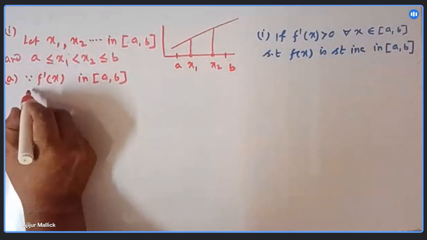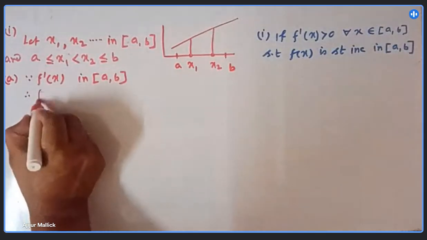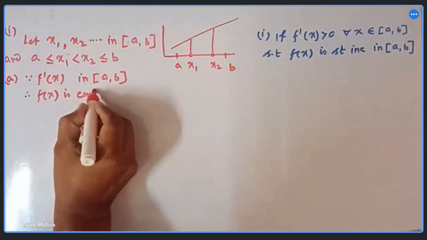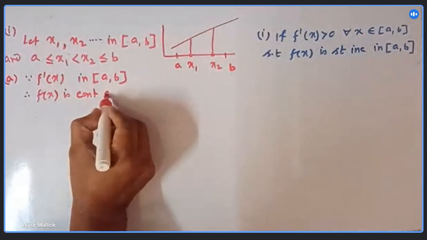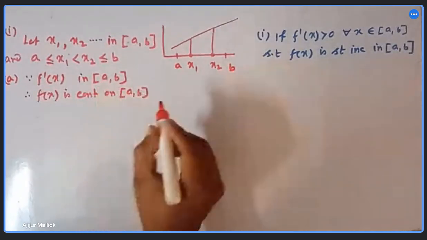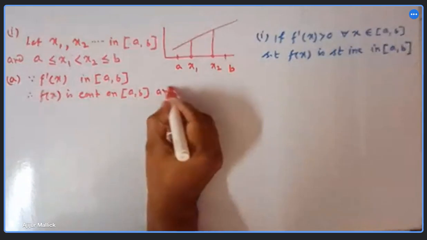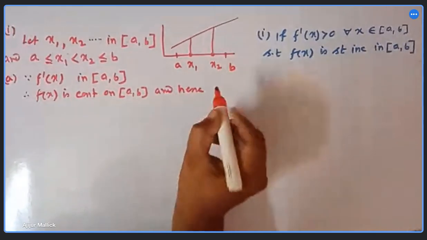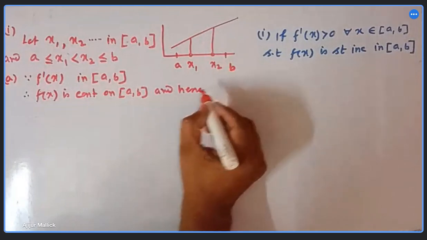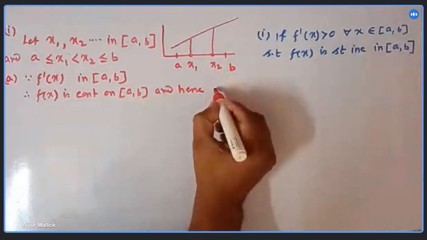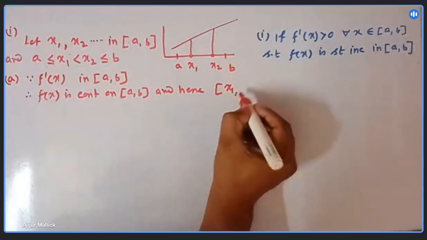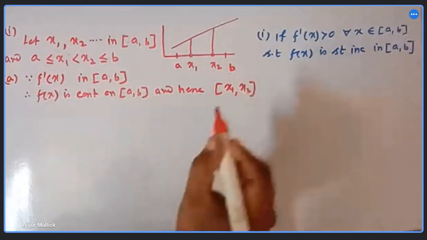Therefore f(x) is continuous on the closed interval AB, and hence it is continuous on the closed interval [x1, x2].